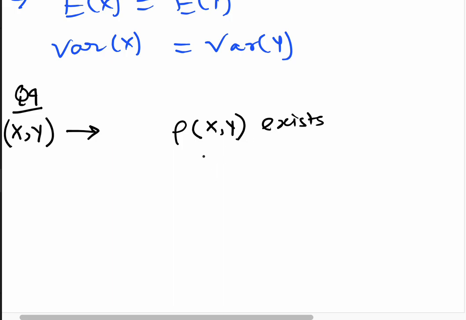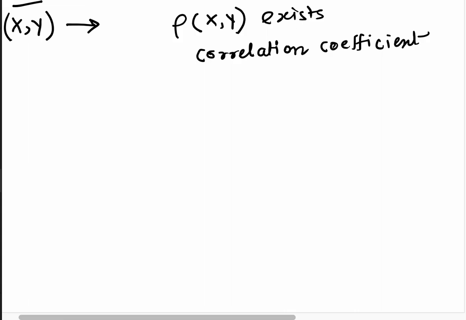Rho is the correlation coefficient. Now there are several statements, so which are correct and which are not.